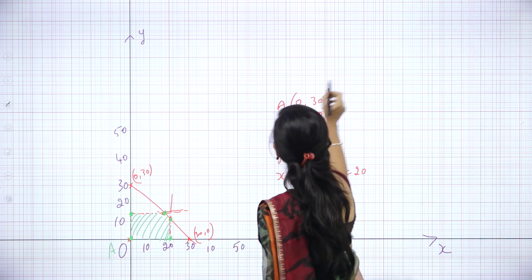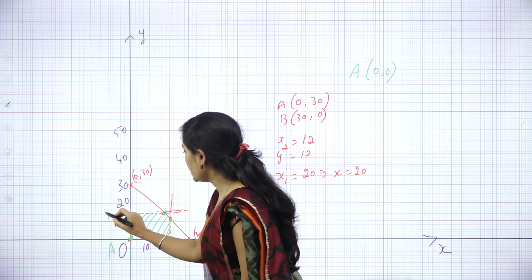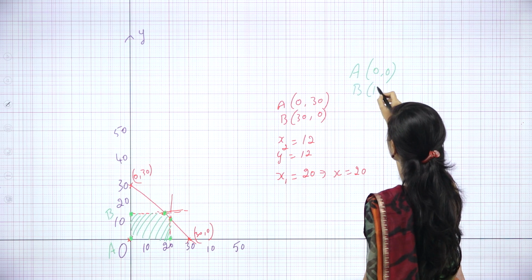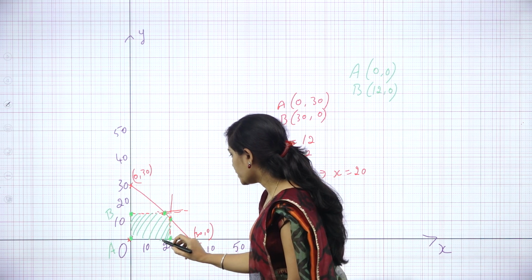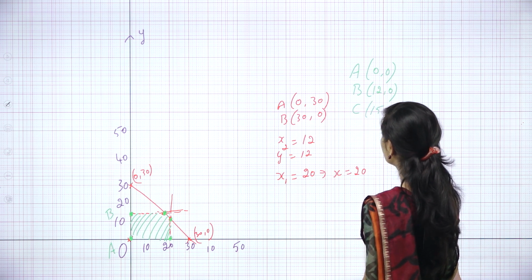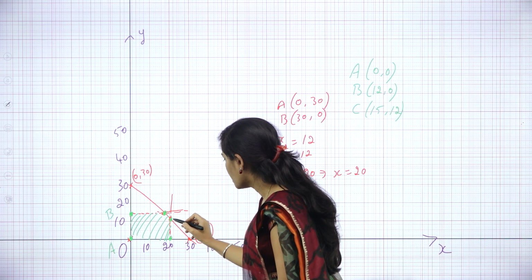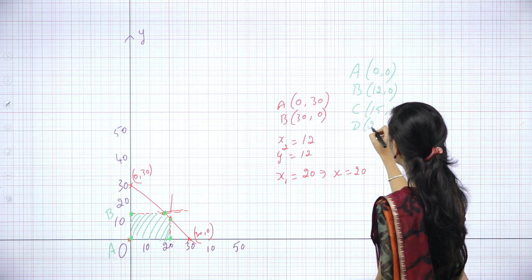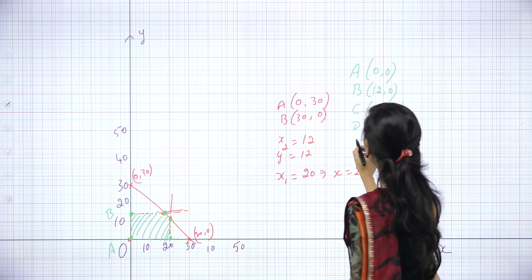This is A, 0, 0, and B is 12, 0, and C is 15, 12, and D is 20, 11, and 20, 0.